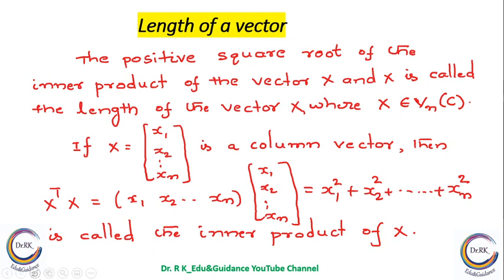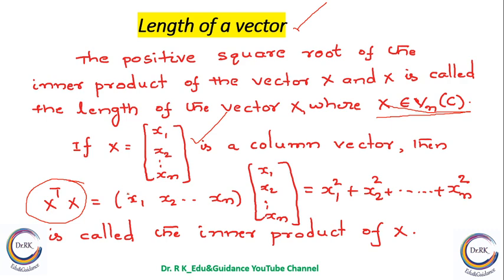Next is the length of a vector. Suppose x is a vector in VnC or VnF, with components x1, x2, so on xn. Then x transpose x, where in case of complex numbers it is the complex conjugate.